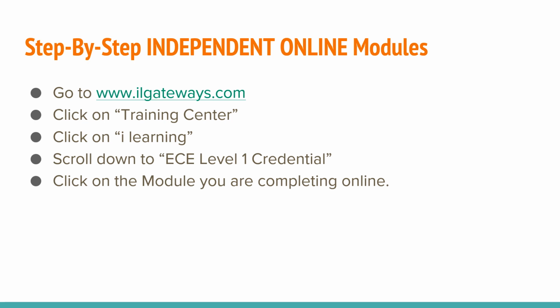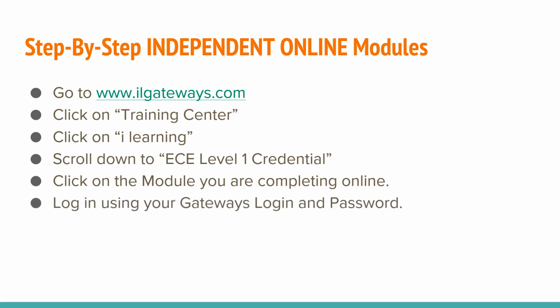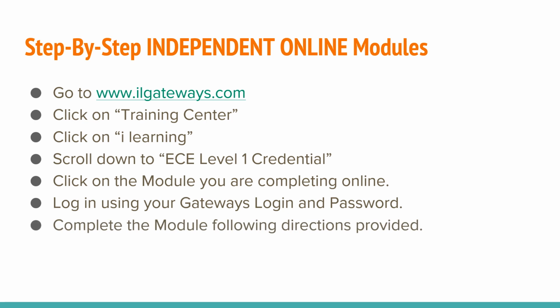So the 16 modules are listed there. You don't have to do every one, only the one that you were absent for while we were doing it in class. You're going to log on using the Gateways login and password that you created earlier in this school year. And you're going to complete the module following the directions provided.